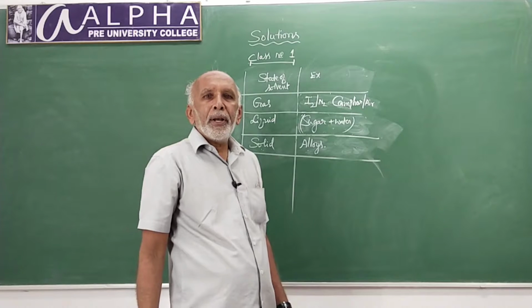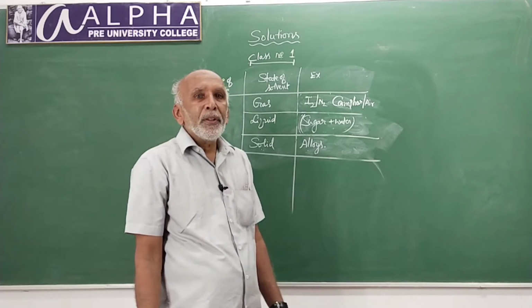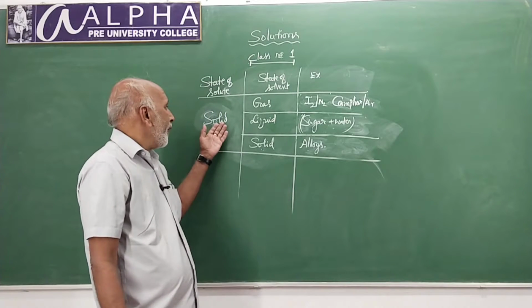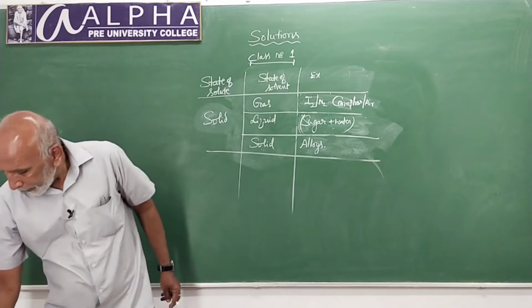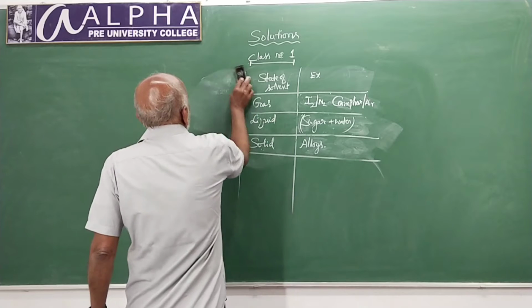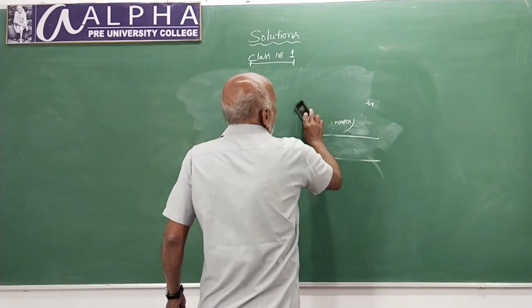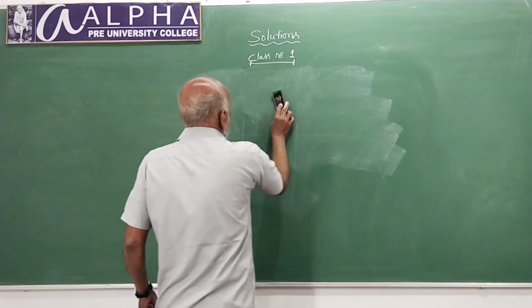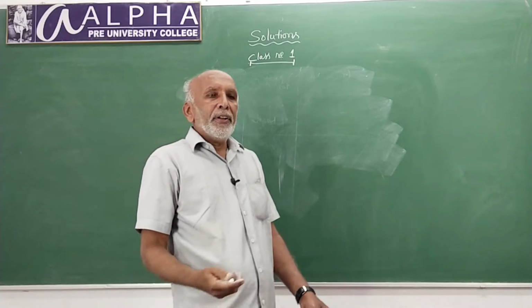Bronze, brass, German silver, steel, etc. They are examples for solid in solid solutions. This is about the classification of solutions based on the physical states of solute and solvent.